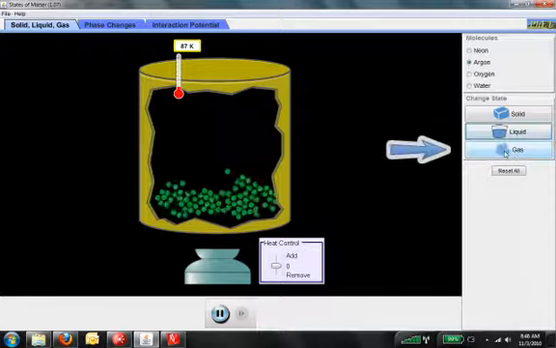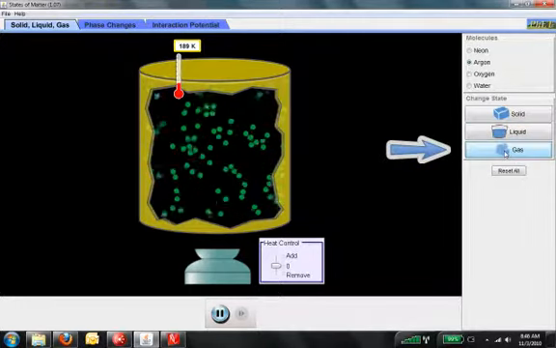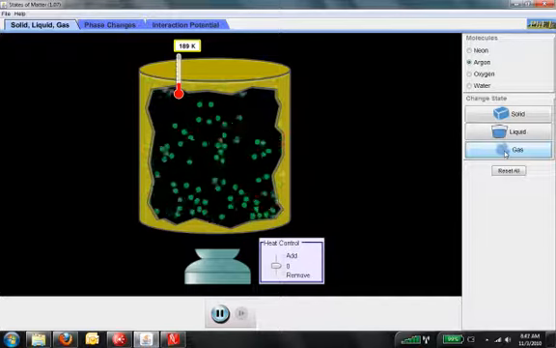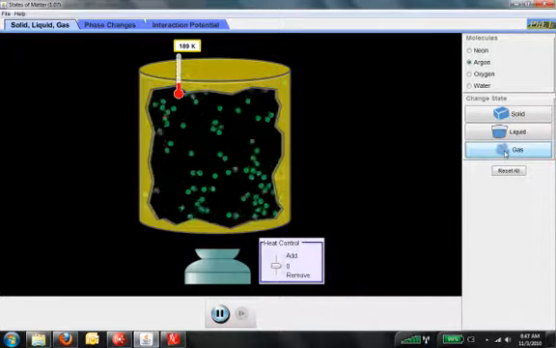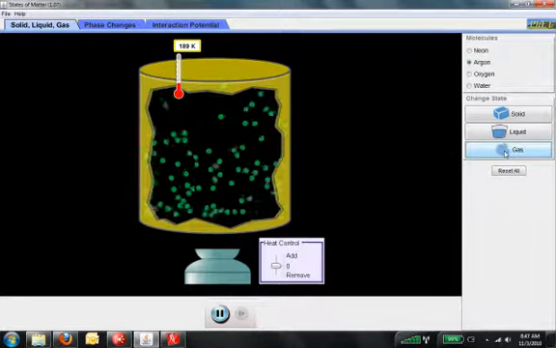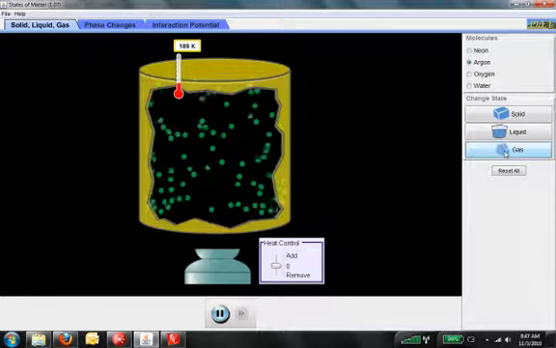Let me go to the gaseous phase now. In this phase, the particles have enough kinetic energy that they're able to break apart from each other, and they essentially fill up the container that's holding them.